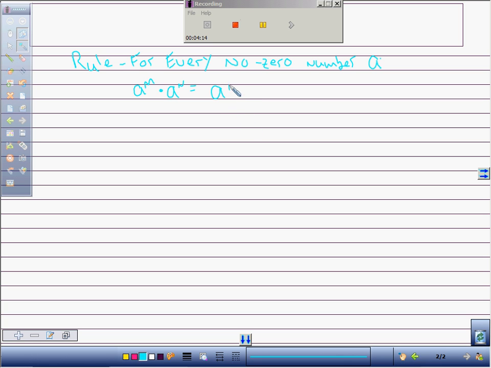A to the m plus n. So in other words, if the base is the same, you add the exponents.